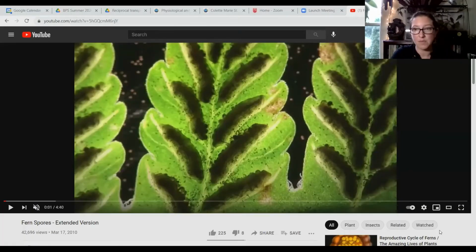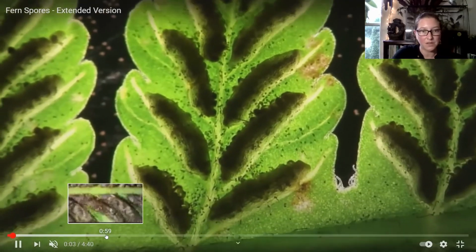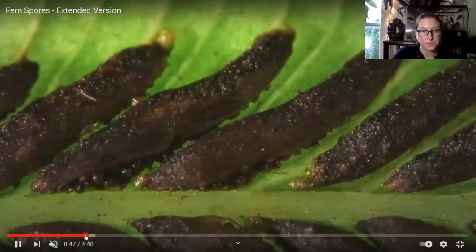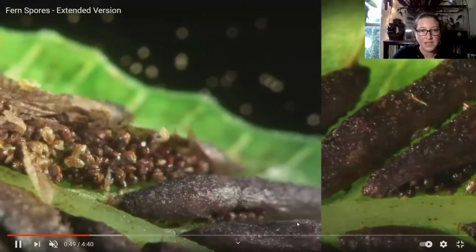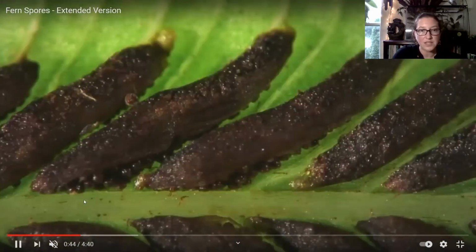This is a different video showing the same thing, but in a different species. In this case, the sori are more in a long banana slug shape. Same idea. I'm going to fast forward a little here. So each of these things, oh, here we kind of went too fast. So each of these things is a sorus.